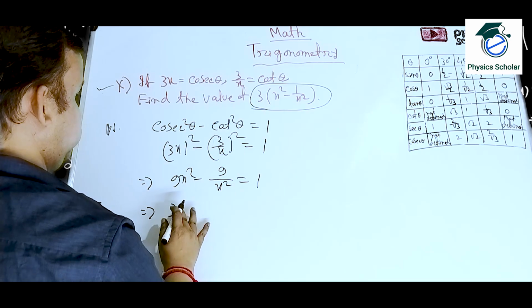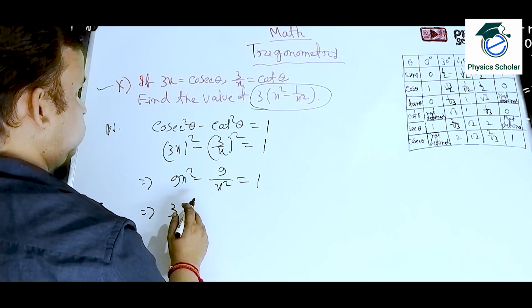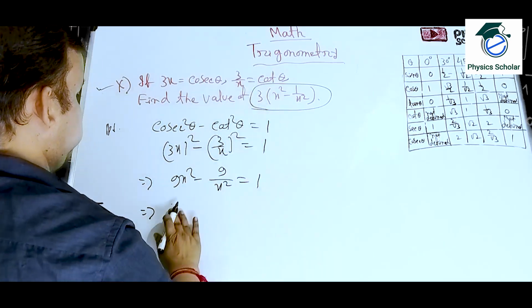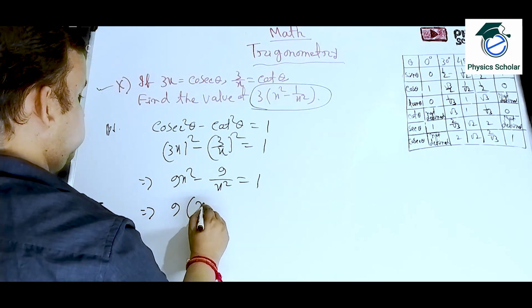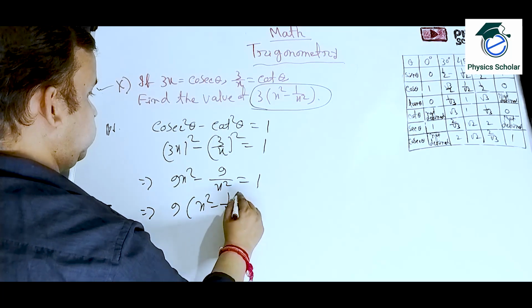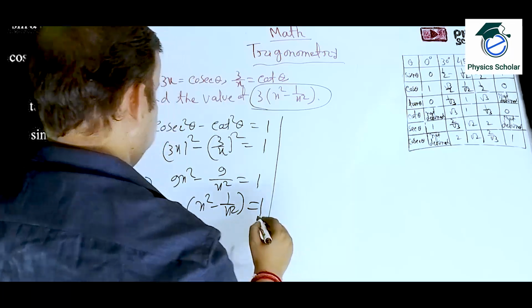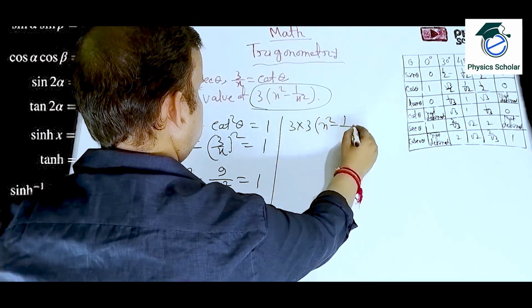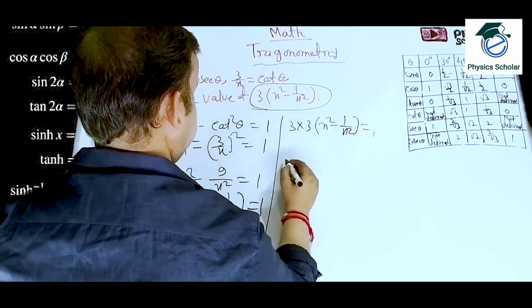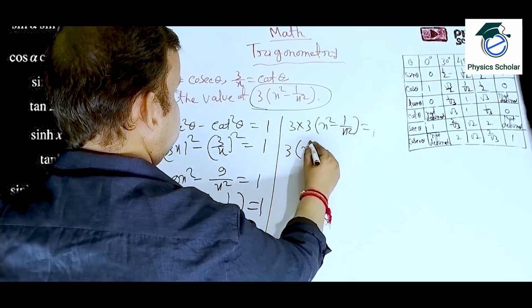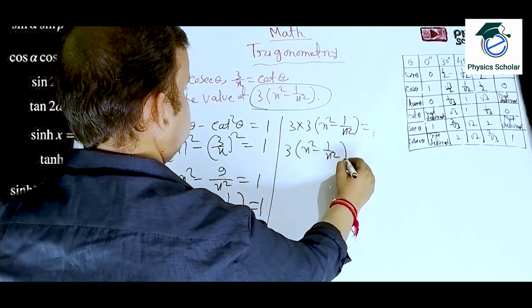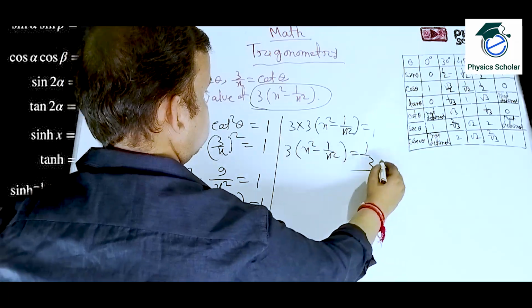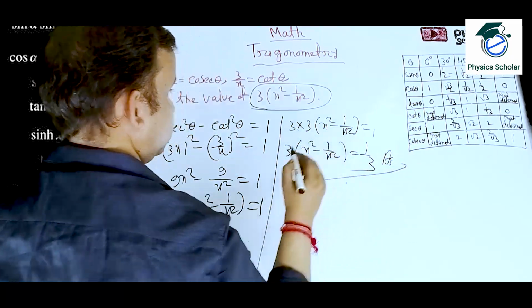So 9 into x square minus 1 by x square is equal to 1. So 9 you can write as 3 into 3: 3 into 3 into x square minus 1 by x square is equal to 1. So 3 into x square minus 1 by x square is equal to 1 by 3. That is your answer. Clear?